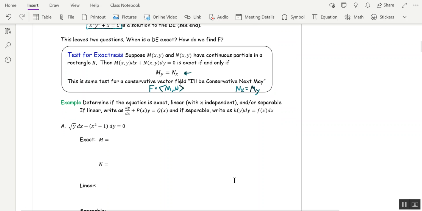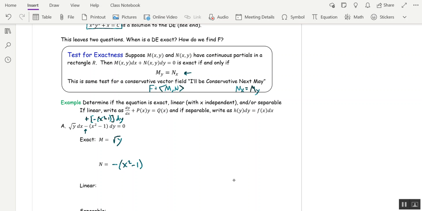So first one, is this differential equation exact? So let's write down what M is. M is always the coefficient of dx, so root y. N is the coefficient of dy, and you have to be careful. It's plus N. So if this is a minus, then N is going to be negative, whatever this function is, x squared minus 1, because we have to write that as plus negative x squared minus 1 dy.